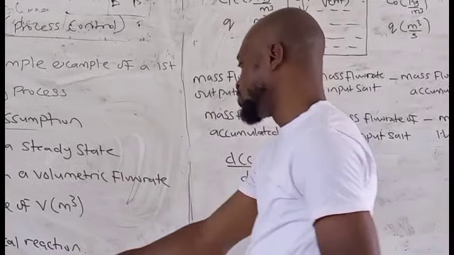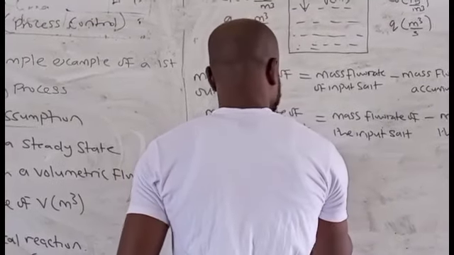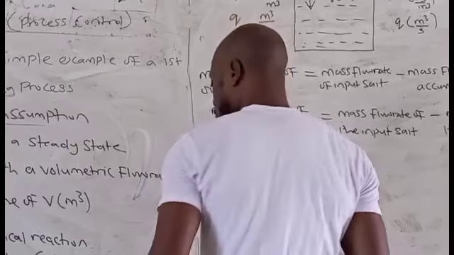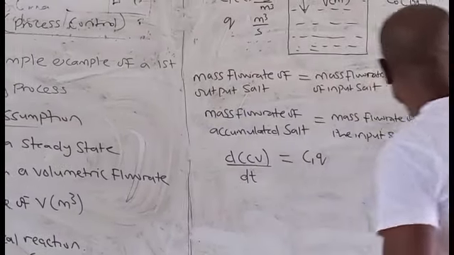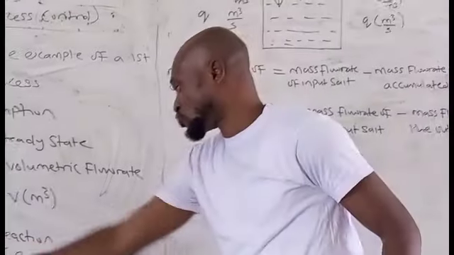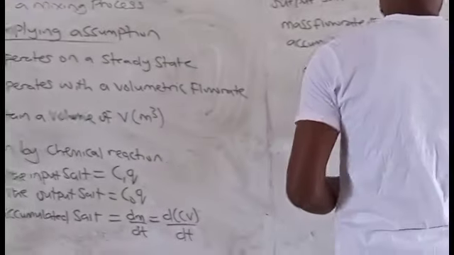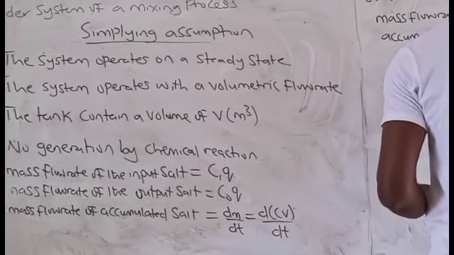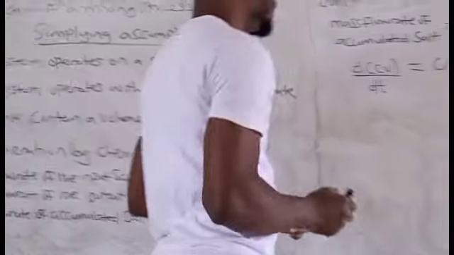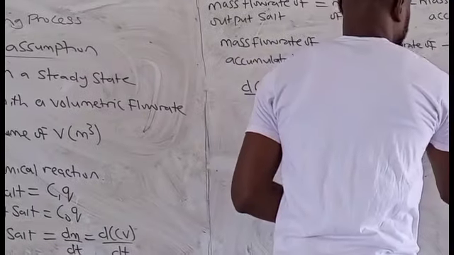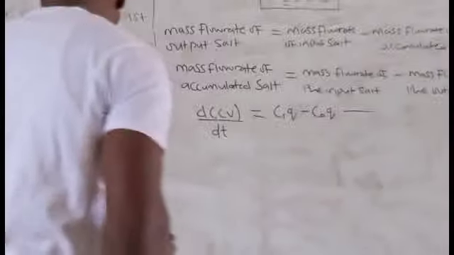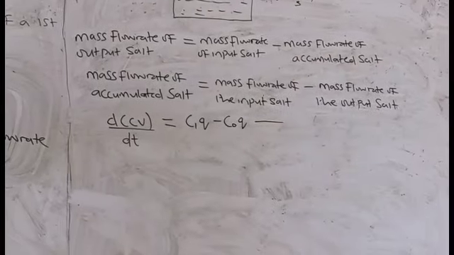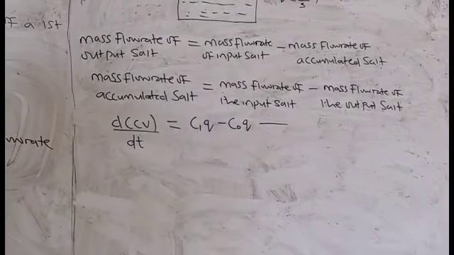The input salt now is C1 times Q, then minus the mass flow rate of the output salt, which gives you minus C naught Q. So now we have gotten an equation. Let's say this one now is equation 1.